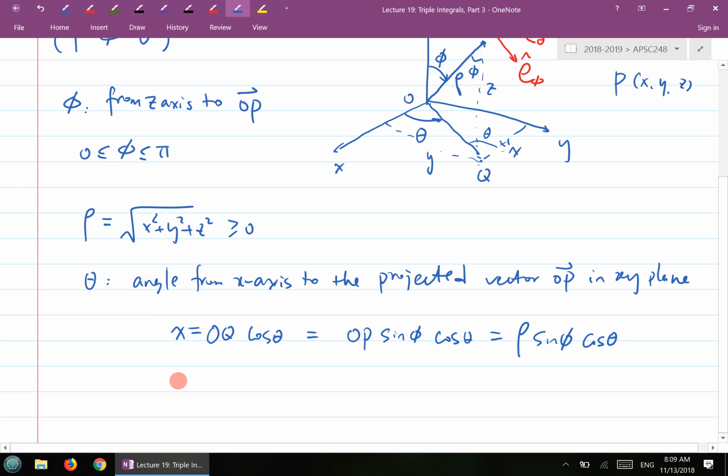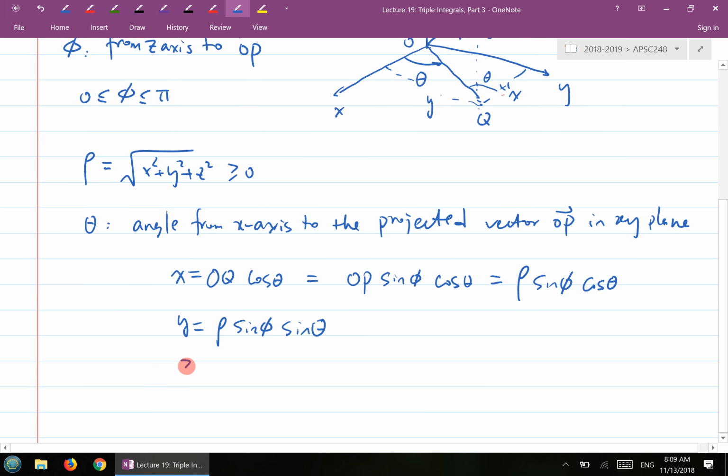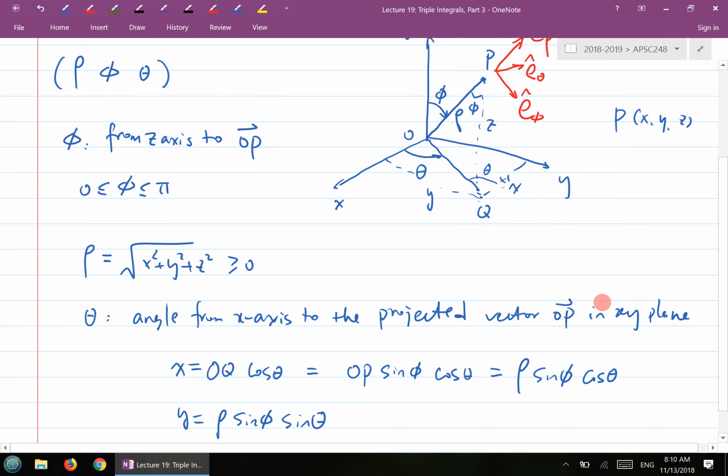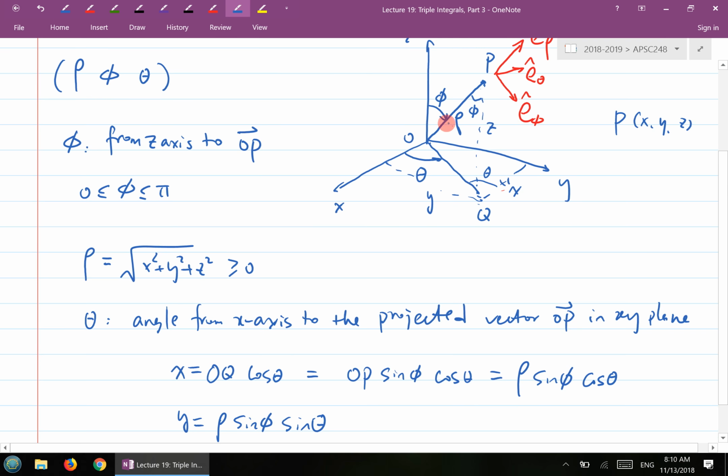And similarly, you can get y equals rho times sine phi times sine theta. So that's your y here. And finally, z is rho times cosine phi. So rho times cosine phi gives you the z component.